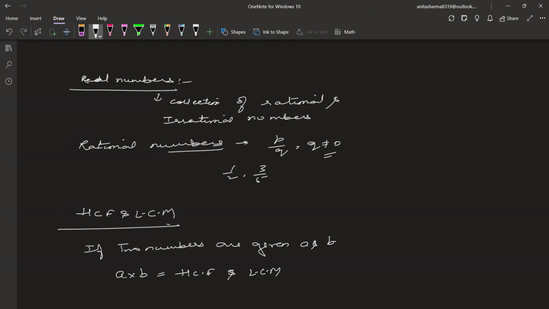Clear, children? The product of two numbers is equal to the product of LCM and HCF. So in this chapter, you have to prime factorize only. Okay, beta?